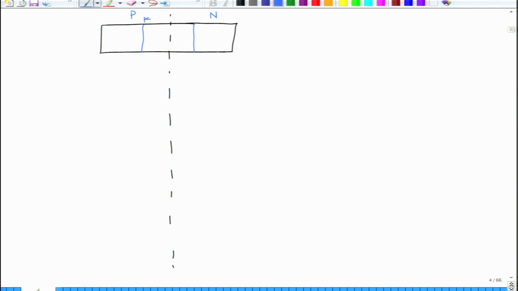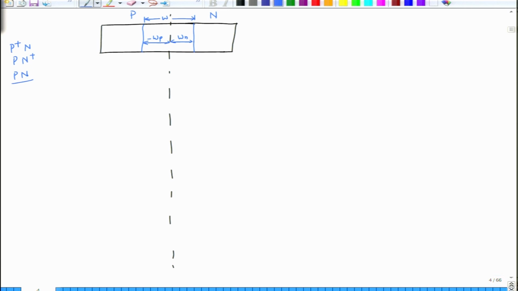This is capital W, this is minus Wp and this is plus Wn. Now, here we are saying that the doping of P is similar to N. Generally, if one is heavily doped we write it as P plus N, if N is heavily doped we write it as P N plus, and if both are lightly doped we write them as a pn junction.